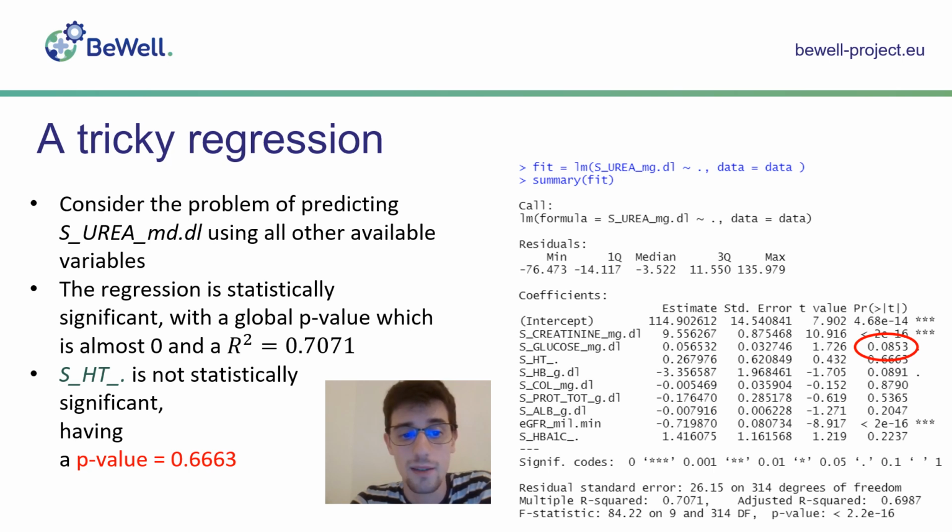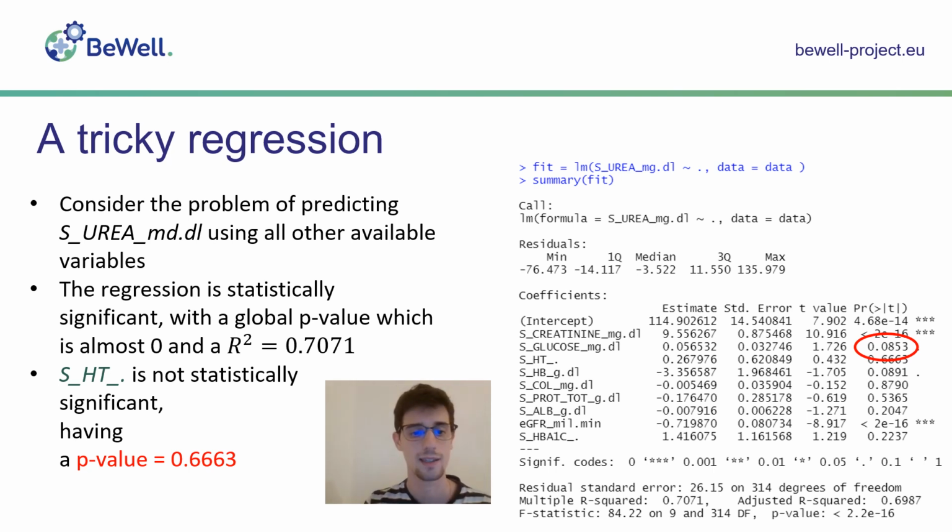The R command is the usual one, that is the lm function. However, to specify that we want to include all other columns of the dataset in the analysis, we can simply write a dot after the tilde symbol. R will automatically understand that we want to use everything we have at our disposal.